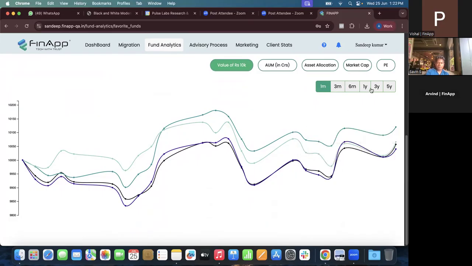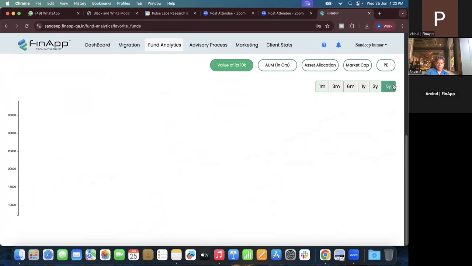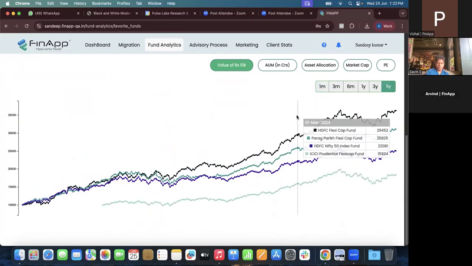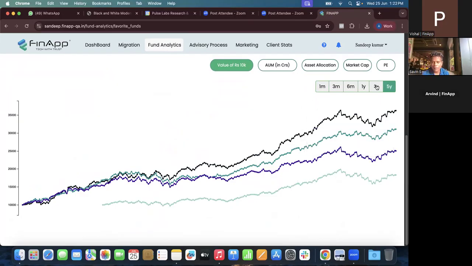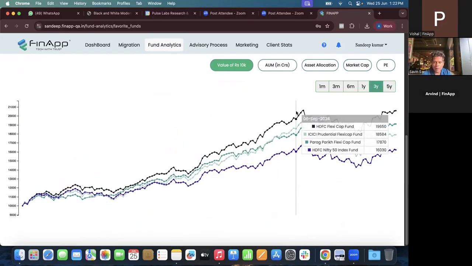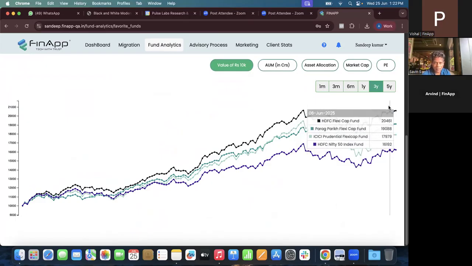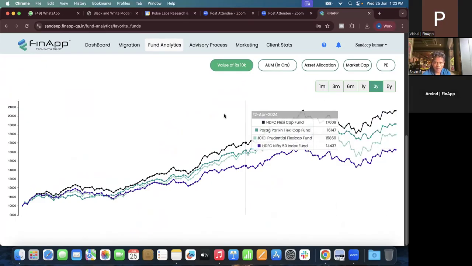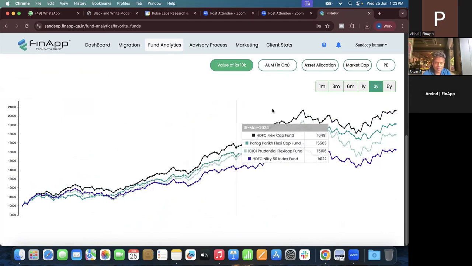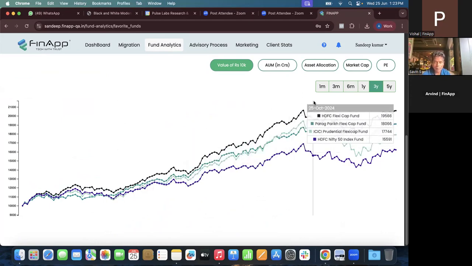Now, if I go to 3 year and 5 year, you see, when showing it to a customer, now you can see active funds have really outperformed the market. So this is a very interesting thing to show.